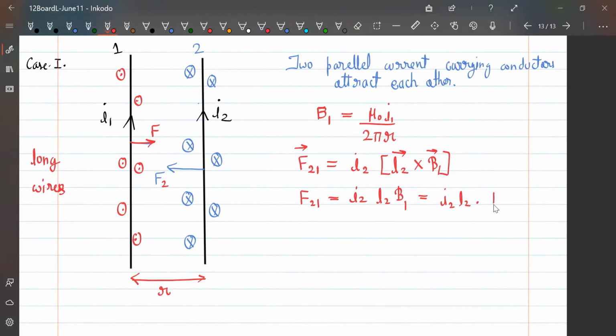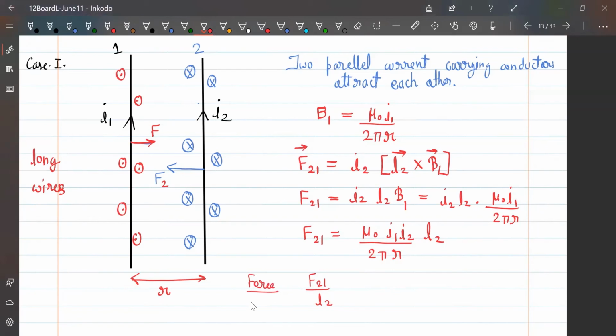B1 will be mu naught I1 by 2 pi R. So force on the second conductor due to the first conductor will be mu naught I1 I2 L2 whole divided by 2 pi R. So we define a term called force per unit length because the conductor's length is very long. Force per unit length will be mu naught I1 I2 divided by 2 pi R.